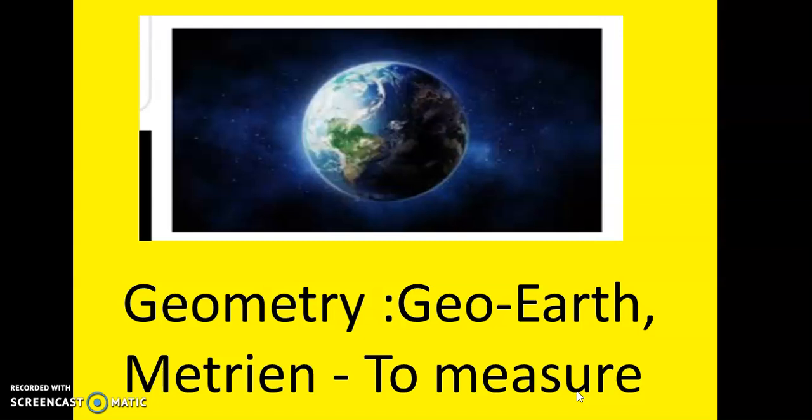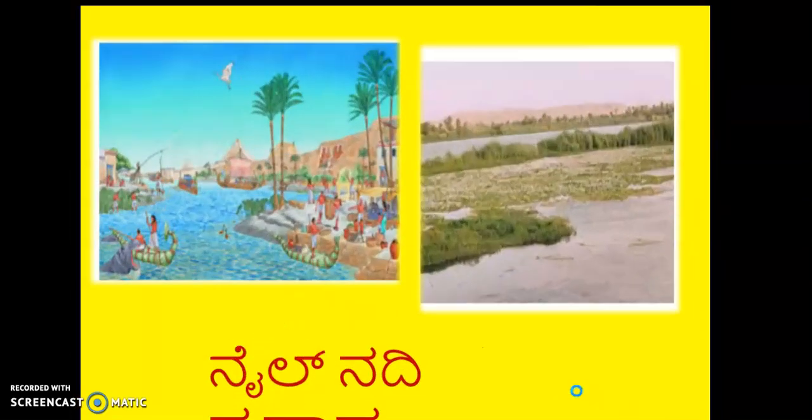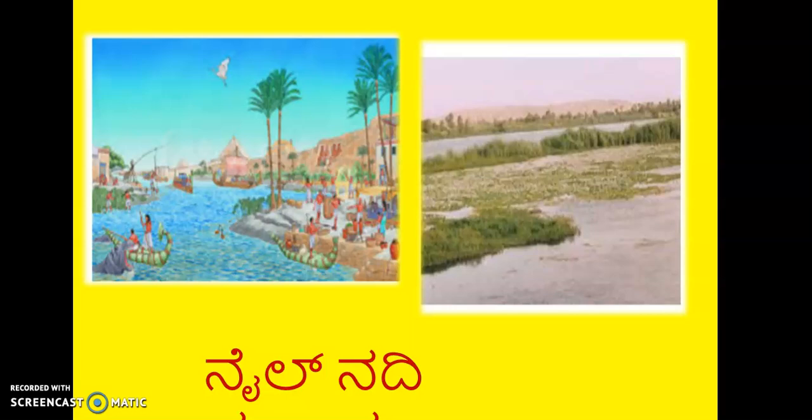You know that during the Egyptian civilization, the river Nile was flooding every season. Every time it flooded, it wiped out the boundaries between two adjoining lands which belonged to two different landowners. Observe carefully in the picture, children.